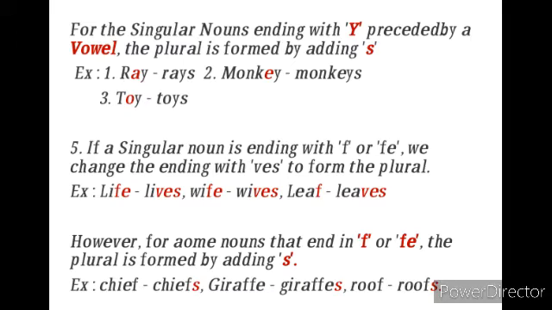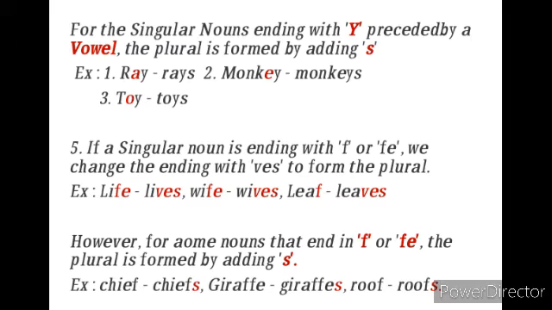So we simply add S to make it plural. The word toy ends with the letter Y, and before Y we can see the letter O. O is a vowel again. So simply we have added S to make it plural. Once again remember that whichever singular nouns end with the letter Y preceded by a vowel, the plural is formed by adding a simple S.